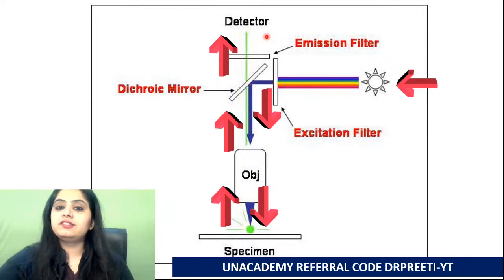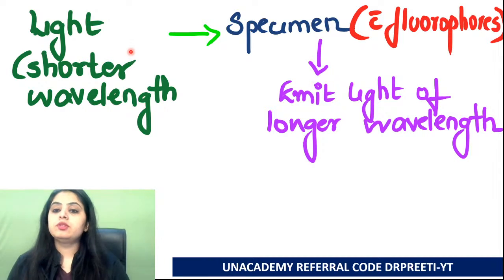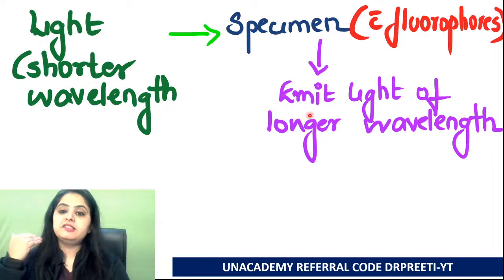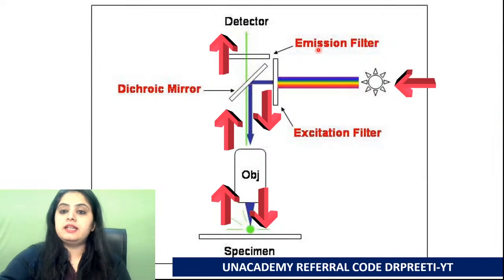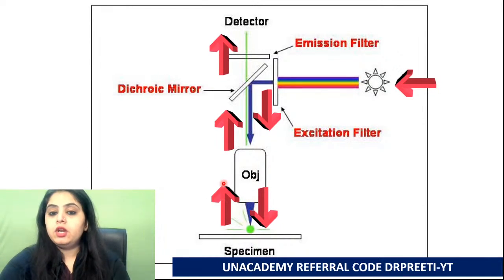You have to remember that the light that I was emitting was a shorter wavelength, and after it has come back from the specimen, it is a longer wavelength. When it hit the specimen, which has fluorescent dye, it is converted into a longer wavelength.